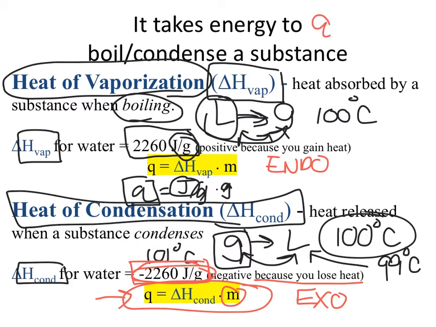We can use our equation Q equals mc delta T, the change in temperature, and we can also use these equations where we use the heat of fusion, heat of vaporization, whatever, times the mass. When we put all that together and add up those changes in energy, we can figure out the total energy used in the system. Let's try a couple examples of that.